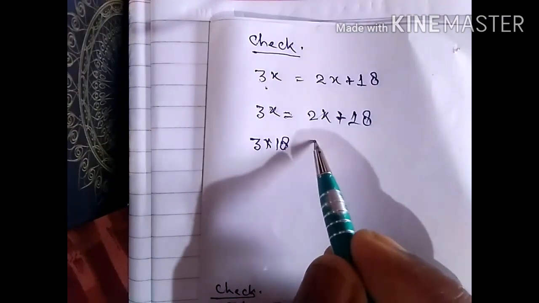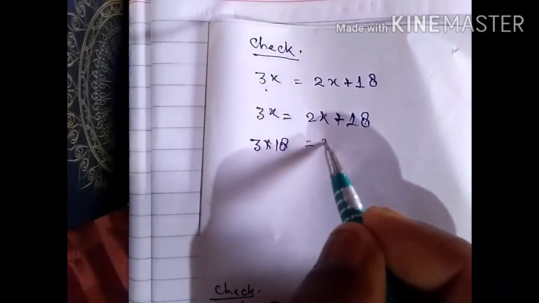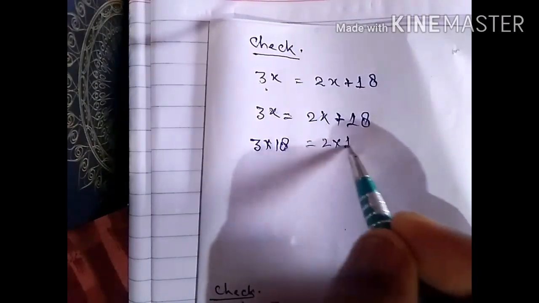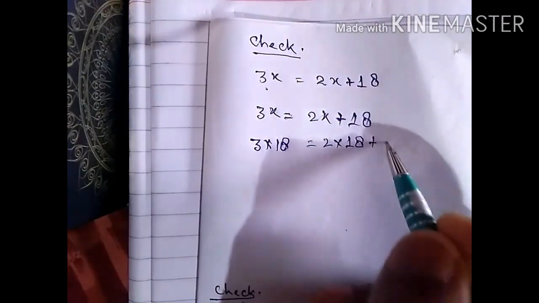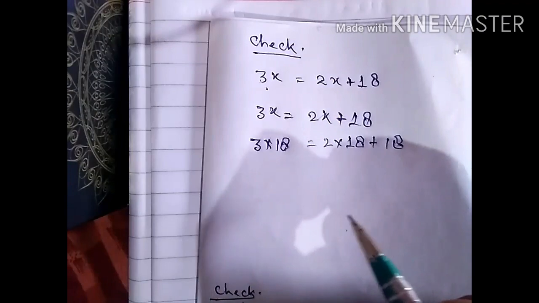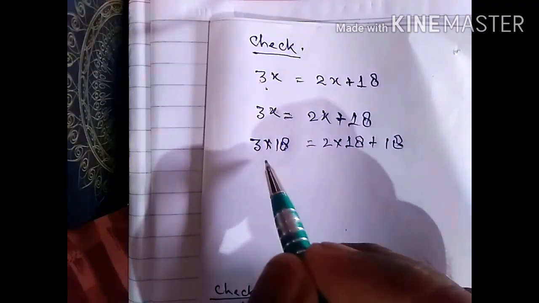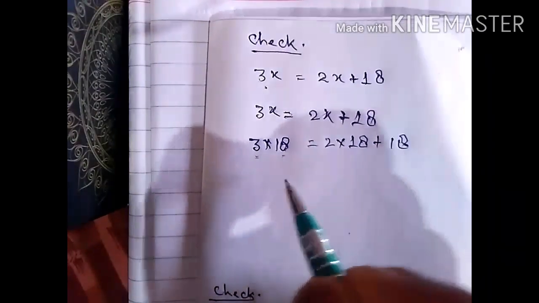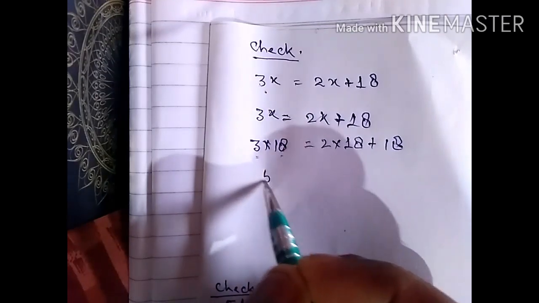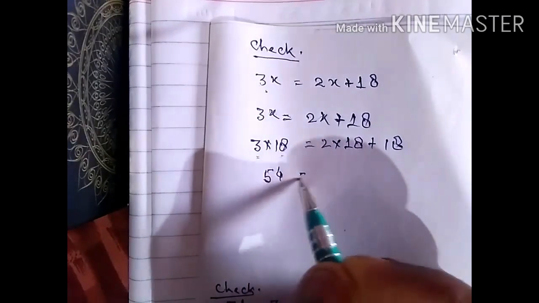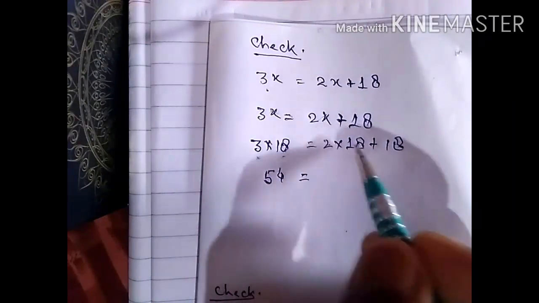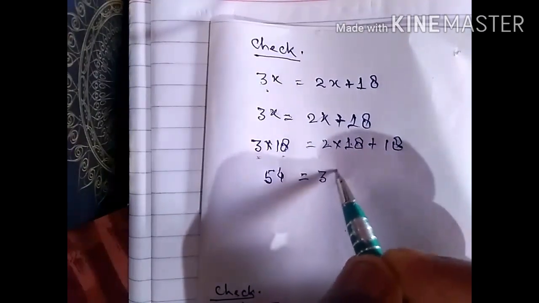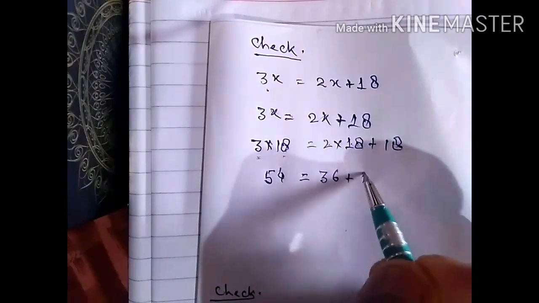So, it will be 2 into 18 plus 18. So, this 3 into 18, it will be 3 eights 54, is equal to 2 into 18, 2 eights 36, plus 18.